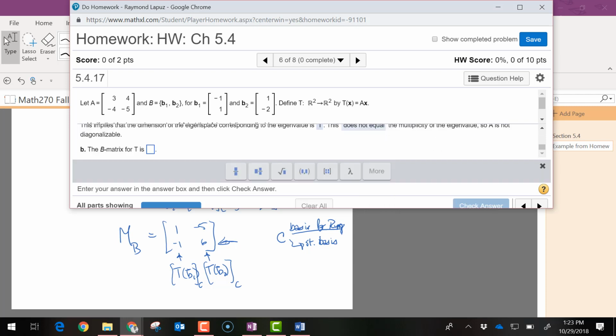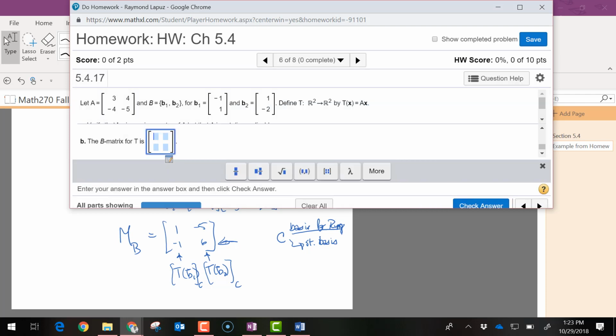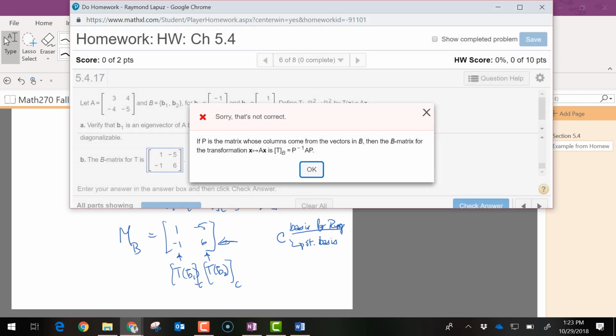So the B matrix is a 2 by 2 matrix with 1, -5, -1, and 6. P is a matrix whose columns come from B, and with the B matrix transformation, that's what we did.